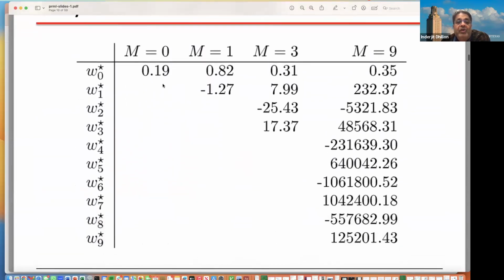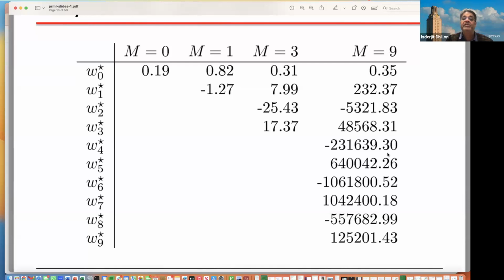With m equal to 0, I had a coefficient of 0.19, and I'm guessing that is the mean of all the y values over here. With m equal to 1, you have coefficients of the order of 1. With m equal to 3, the coefficients are slightly higher: 25 and 17. But look at what's happening with m equal to 9.